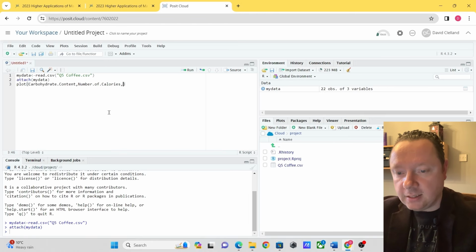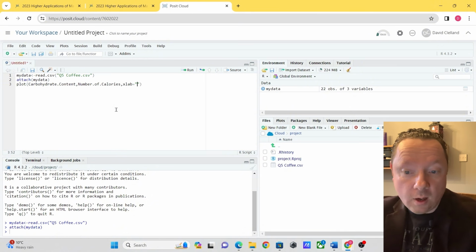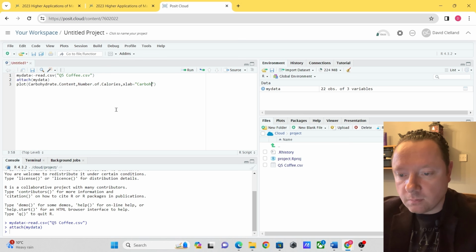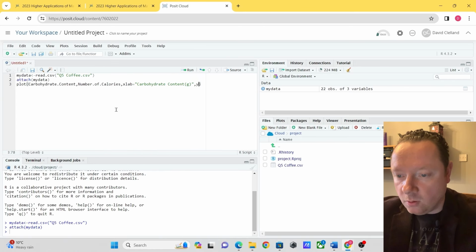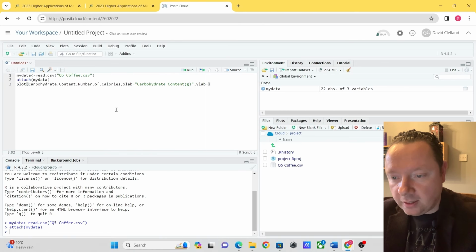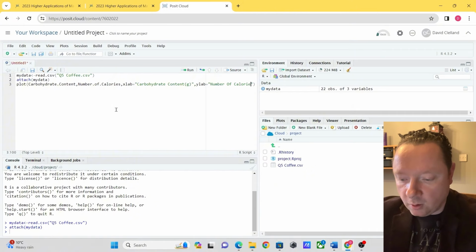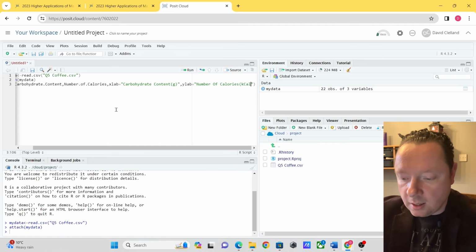Name the x-axis, xlab equals inverted commas. So X carbohydrate content, and we're going to put our units of grams in there. And then comma, ylab equals, inverted commas again, number of calories. And we're going to give the units of that, which is kilocals.